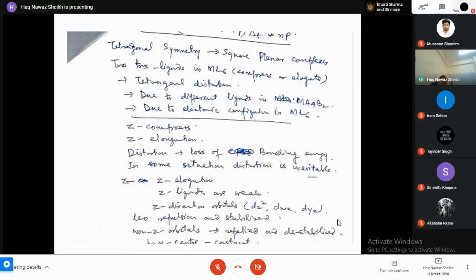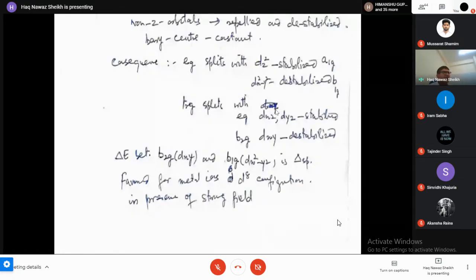So this scenario will result in splitting of the T2G set as well as splitting of the EG set, right? Now, what are the non-Z orbitals? Those which do not have anything to do with the Z direction. They are dx square minus y square and dxy orbitals. They are more repelled and destabilized, and the EG orbital splits, dz square is stabilized, and dx square minus y square is destabilized.